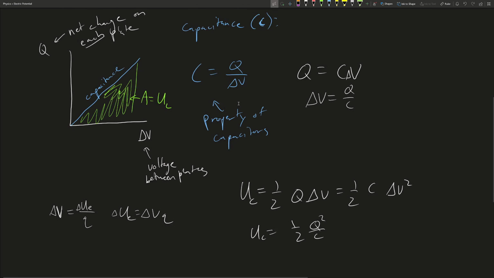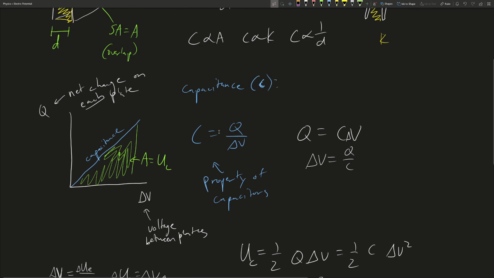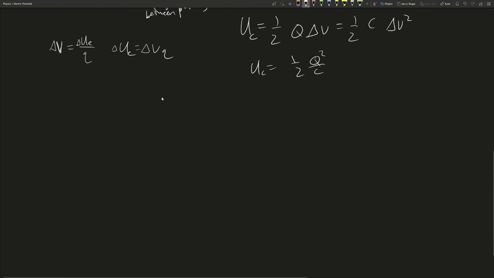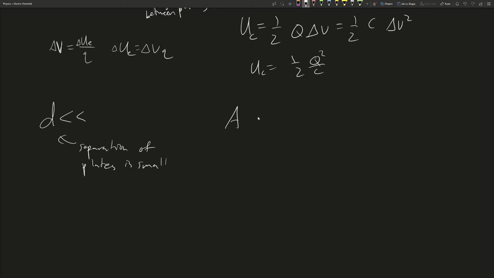So one thing about these parallel plate capacitors that's really important is that we are assuming that D here, the separation of the plates, is small compared to the surface area of the plates.